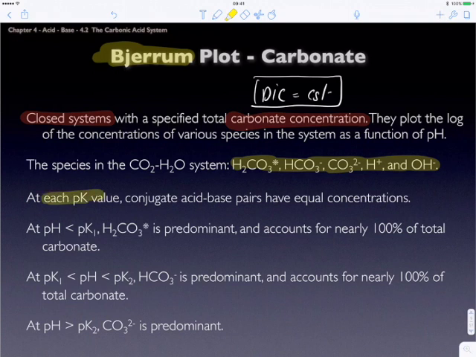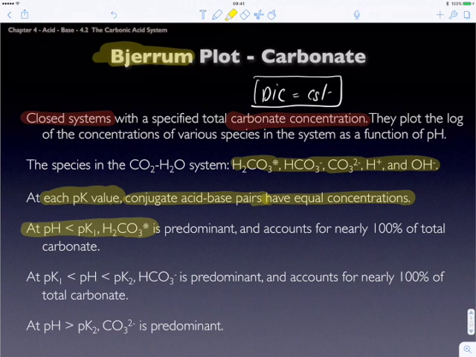For each pKa value, you know that the acid and the conjugate base pair are equal in concentration. For pH smaller than pKa1, you mostly have carbonic acid. When the pH is in between pKa1 and pKa2, we just calculated that, it's mostly bicarbonate. And if pH is larger than pKa2, you have mostly carbonate.